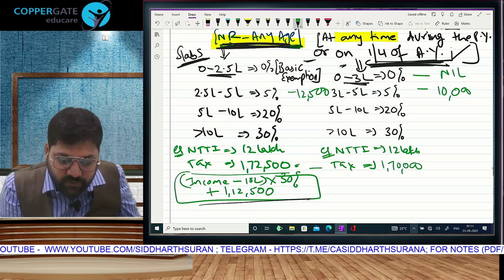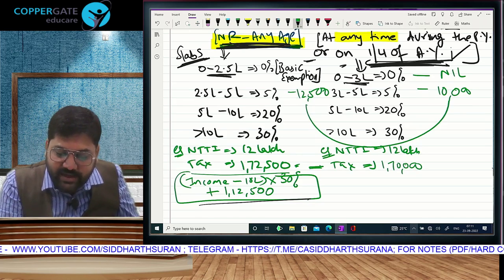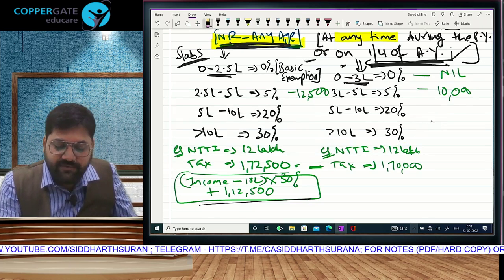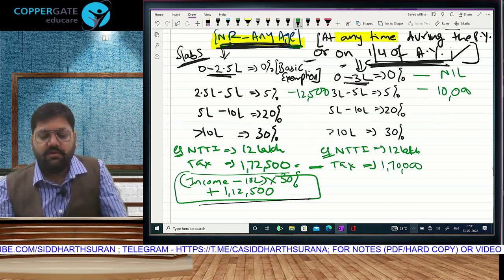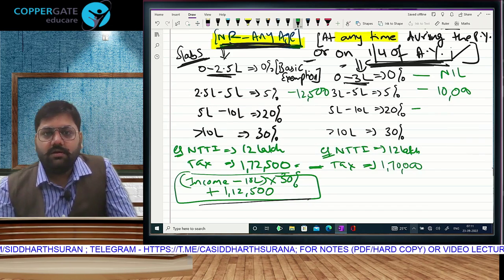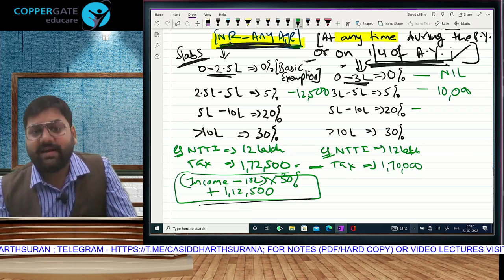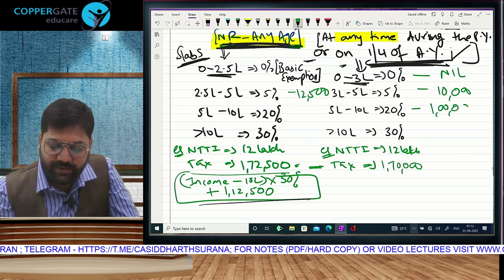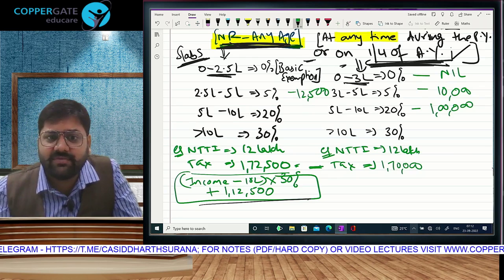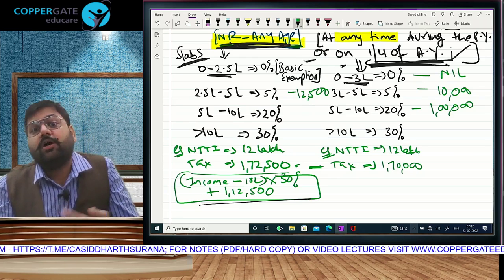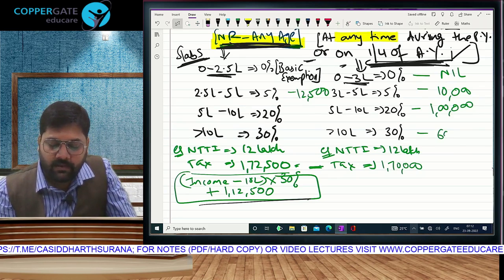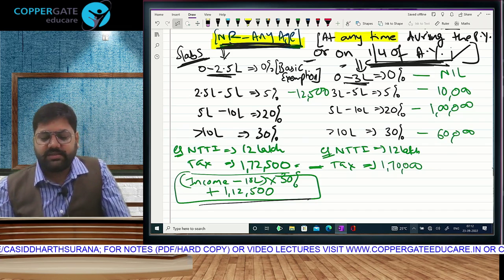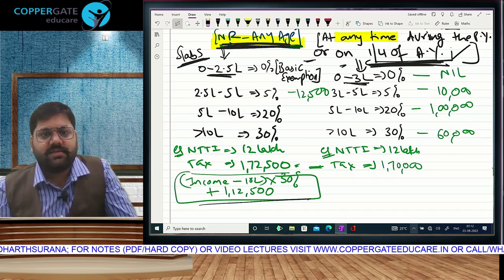If there is difference of 2,500 here, that difference lies here, because after this everything is going to be same. 5 lakh to 10 lakh, 5 lakh ka 20%, 1 lakh rupees, and anything after 10 lakh will be taxed at 30%. Because we have taken the same example of 12 lakh, it is going to be 60. So that makes it 1,70,000.